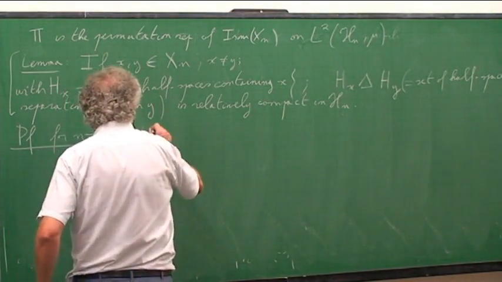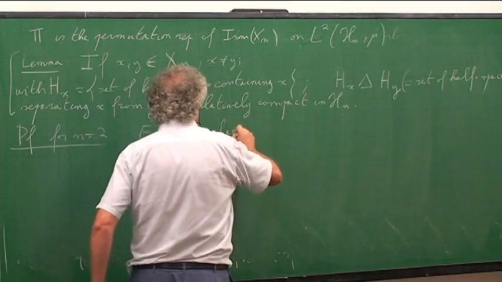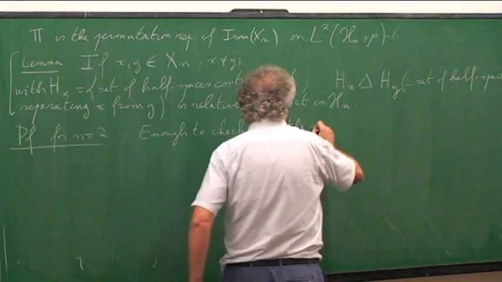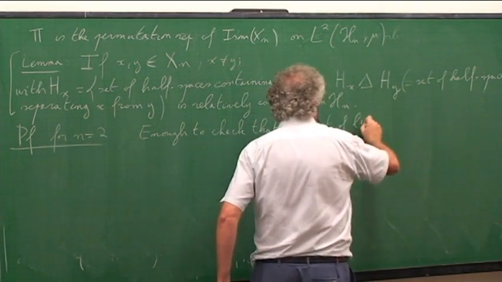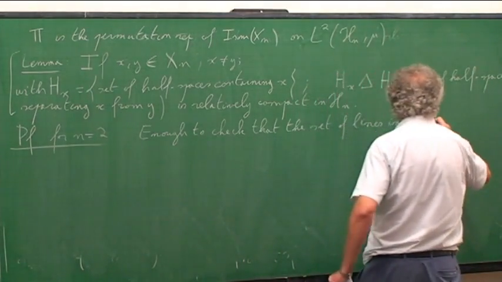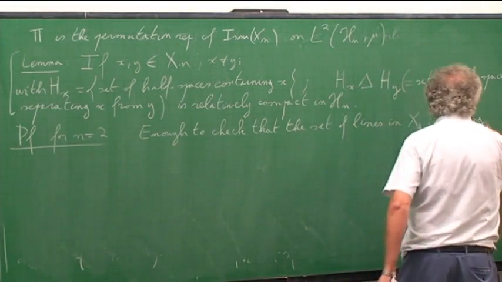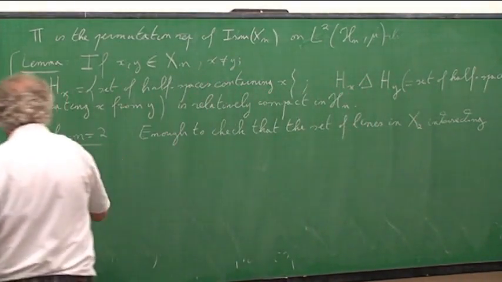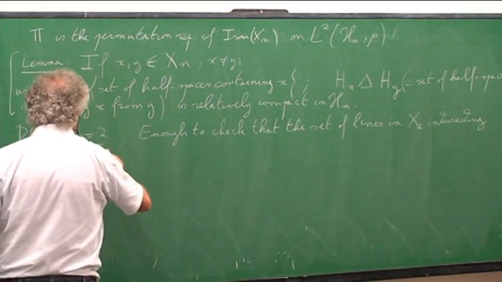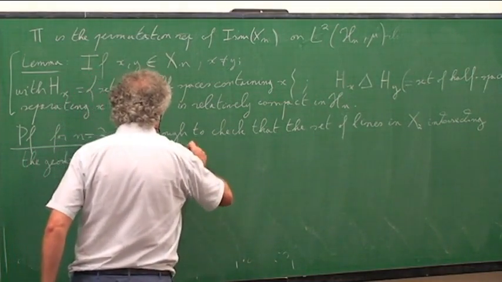So it's enough to check that the set of lines in X_2 intersecting the geodesic arc xy is relatively compact.